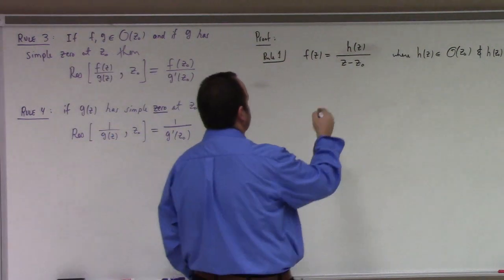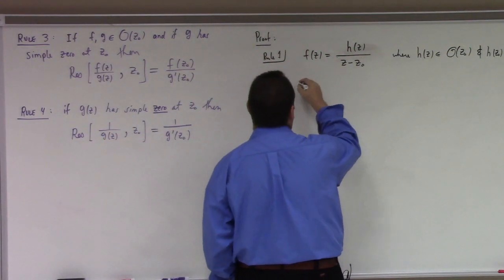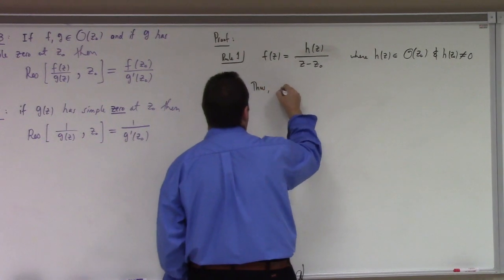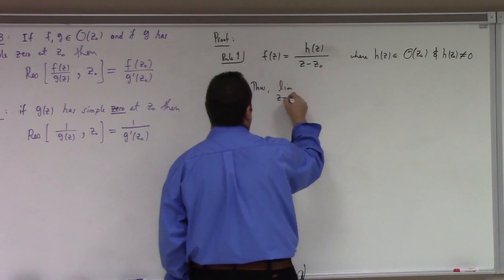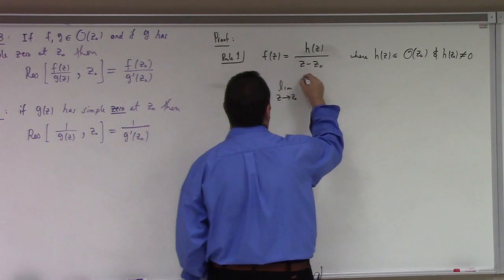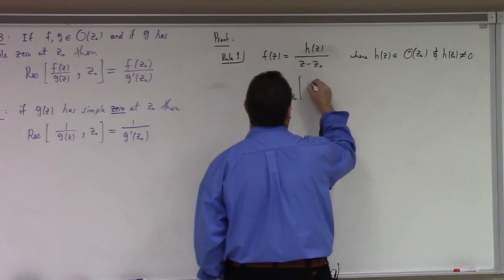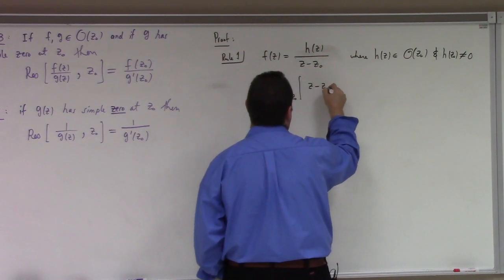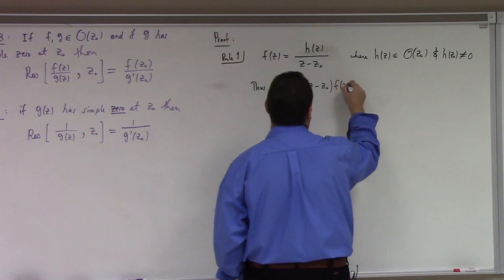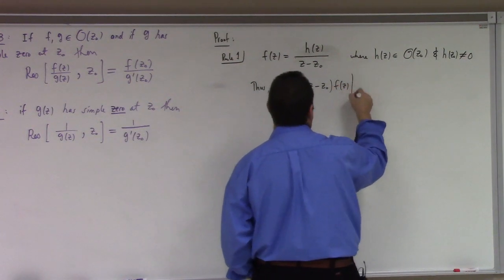And so then, thus, the limit as z goes to z naught of z minus z naught times f of z is equal to what?